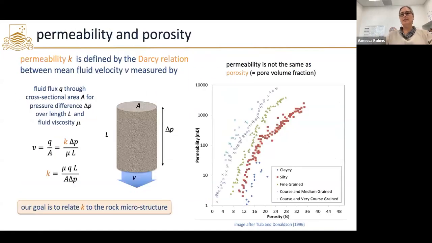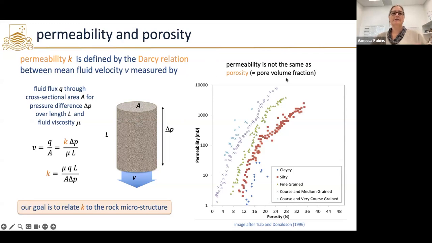All right, so I've been throwing this word around, permeability, and you'd probably like to know a bit more about what on earth that means. So the first thing I want to say is that permeability is not the same as porosity. There are these two P words, porosity and permeability, that people talk about a lot when you're looking at a porous material. Porosity is just the raw volume fraction, yeah?